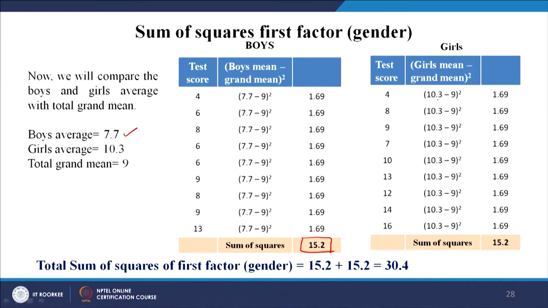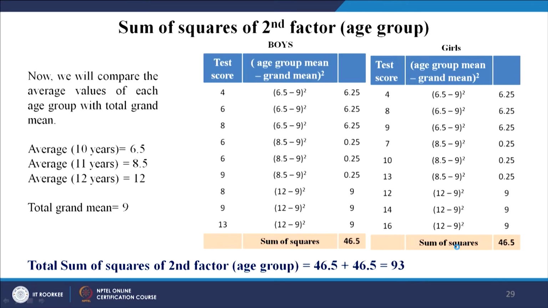So, we are doing the between the groups now, right. So, between the genders, that means. So, this is giving us 1.69 and this total is 15.2 again, right. So, total sum of squares of the first factor is how much? 15.2 this one plus 15.2 this one is equal to how much? 30.4. Okay.